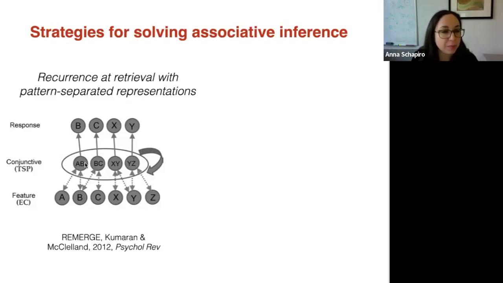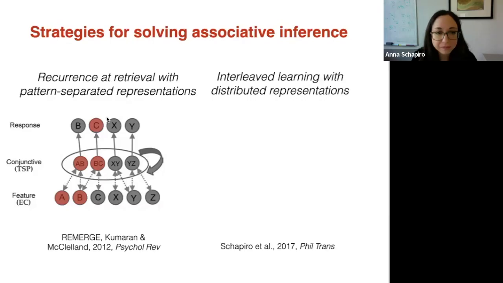But you can still solve this problem through recurrent computation at retrieval. So the idea is that if you've stored your separate AB and BC memories, you can still get from A to C at test if you have set up your connections to allow you to do the recurrent computation. So you can get from A to AB to B to BC to C at test.